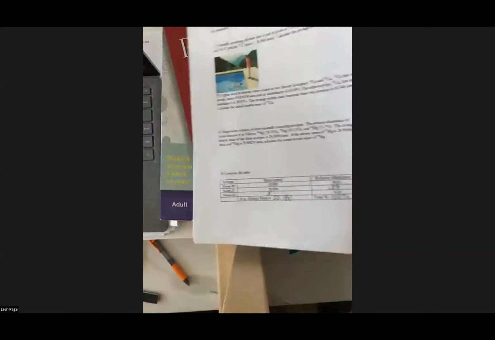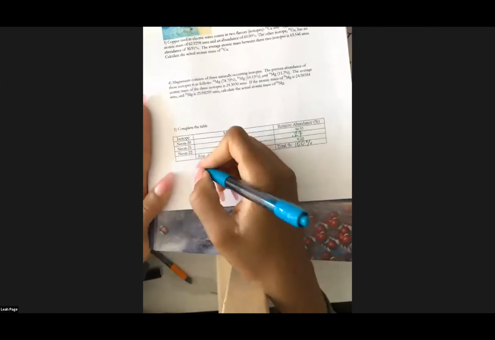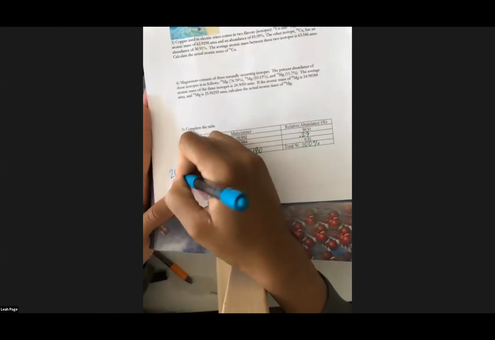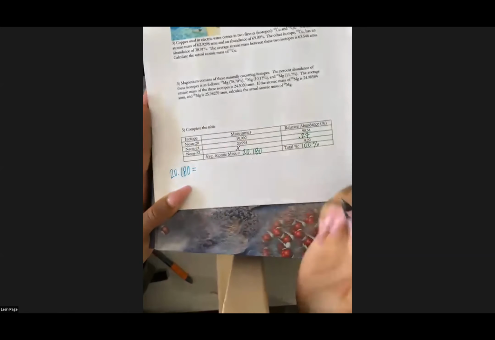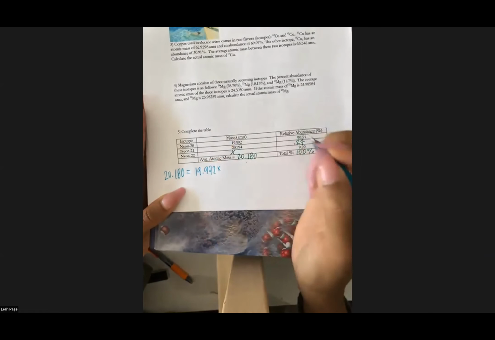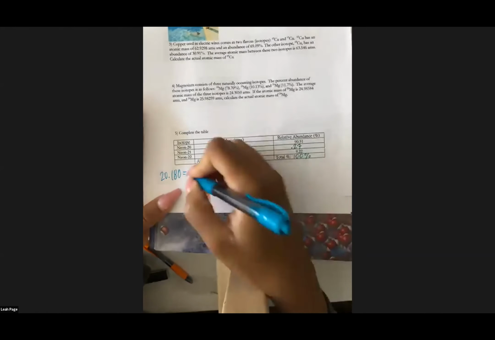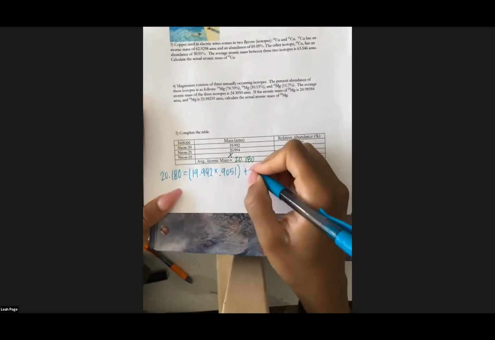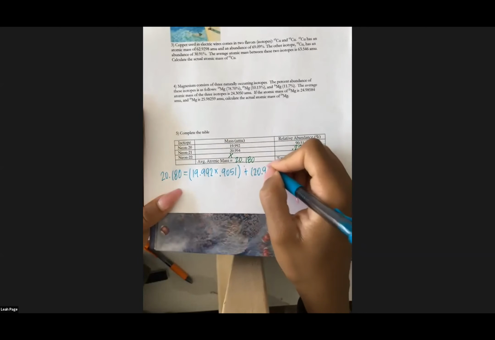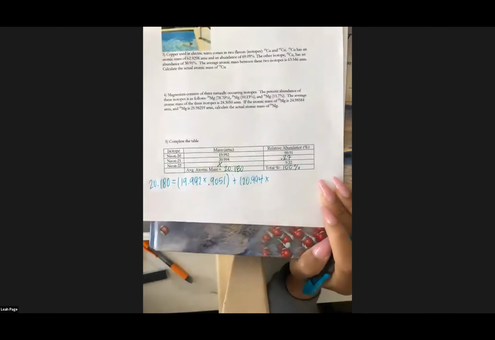Let's just set it up. Right underneath, it says 20.180 equals 19.992 times, what's the fraction here? 0.9051, plus 20.994 times, let's put this in fraction.